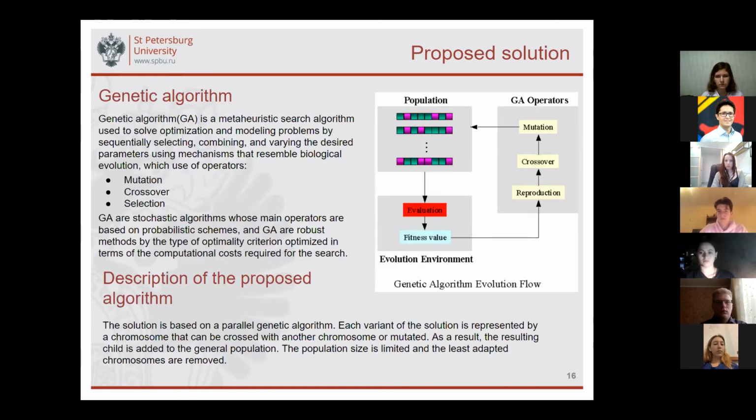A genetic algorithm is a heuristic search algorithm used to solve optimization and modeling problems by random selection, combination and variation of desired parameters. It is similar to natural selection in nature.